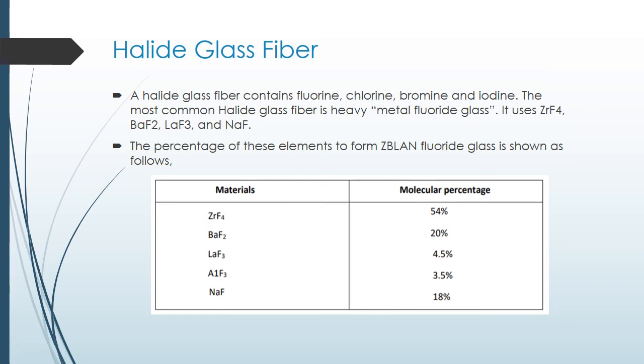These glasses are heavy metals such as zirconium or lead as principal constituents, and other constituents are added to provide moderate resistance to crystallization. The percentages of the metals used to form ZBLAN fluoride glass are shown below: ZrF4 gives a molecular percentage of 54%, BaF2 is 20%, LaF3 4.5%, AlF3 3.5%, NaF 18%.